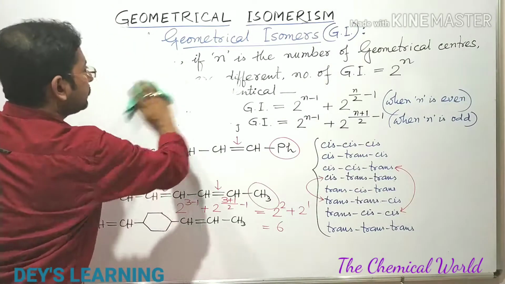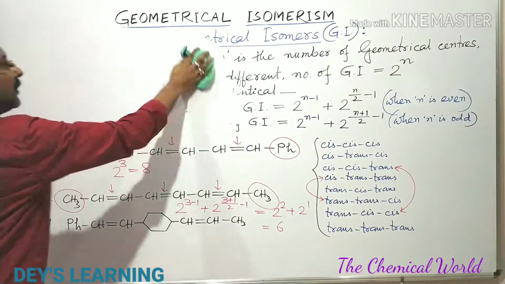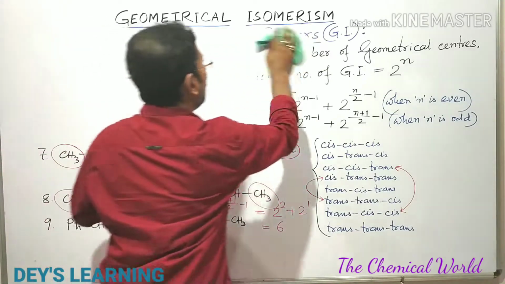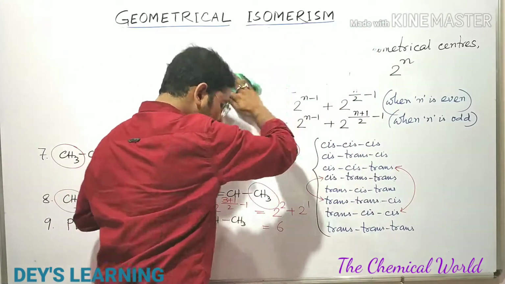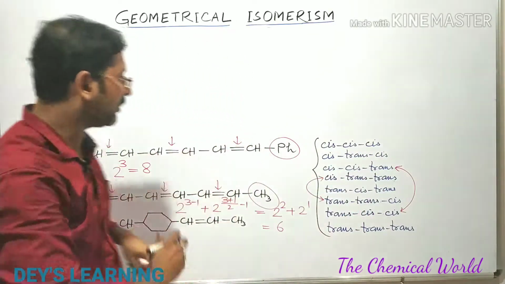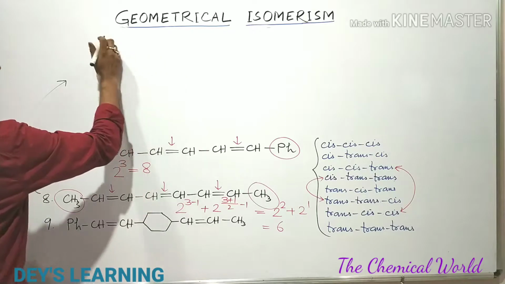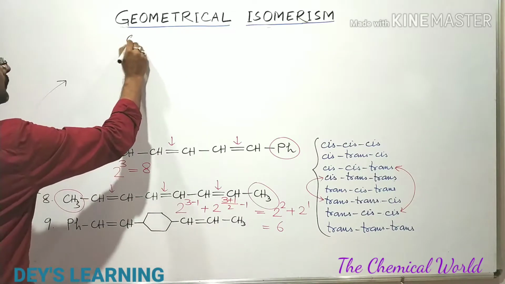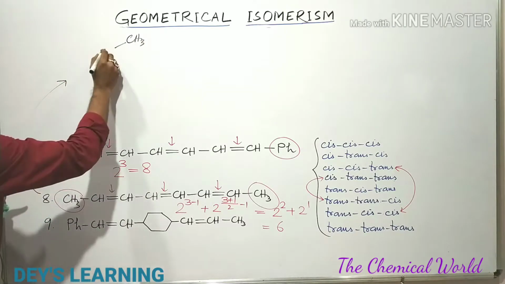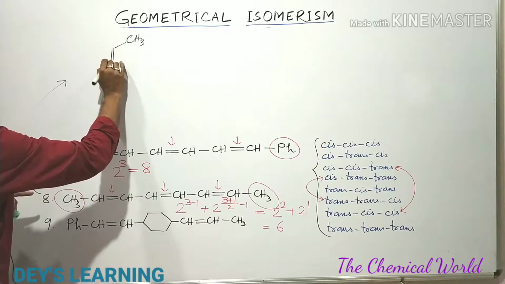We will learn from the structure, from the model. Okay, I can write this isomer cis trans trans. This is your CH3 of compound 8, cis trans trans.